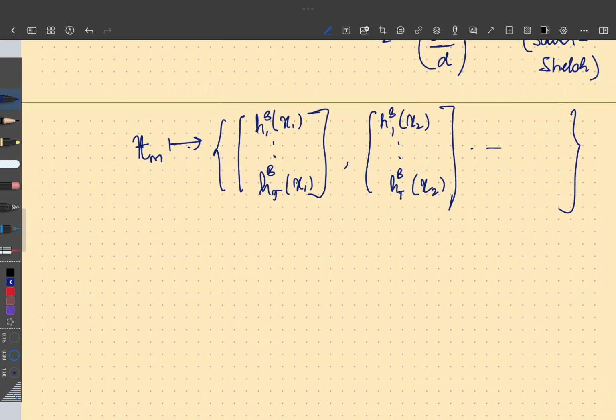By varying h1, h2 up to hT, how many possible configurations can I generate?